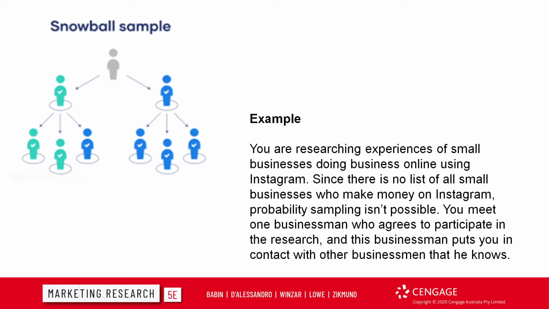Since there is no list of all small businesses who make money on Instagram, probability sampling cannot be applied here. You meet one businessman who agrees to participate in the research, and this businessman puts you in contact with other businessmen that he knows. That's how you recruit people to be the sample of the population.